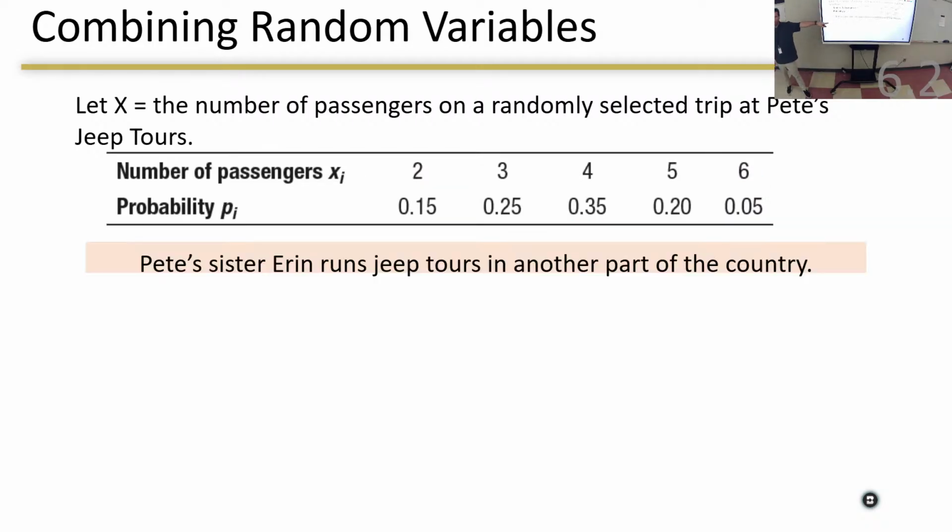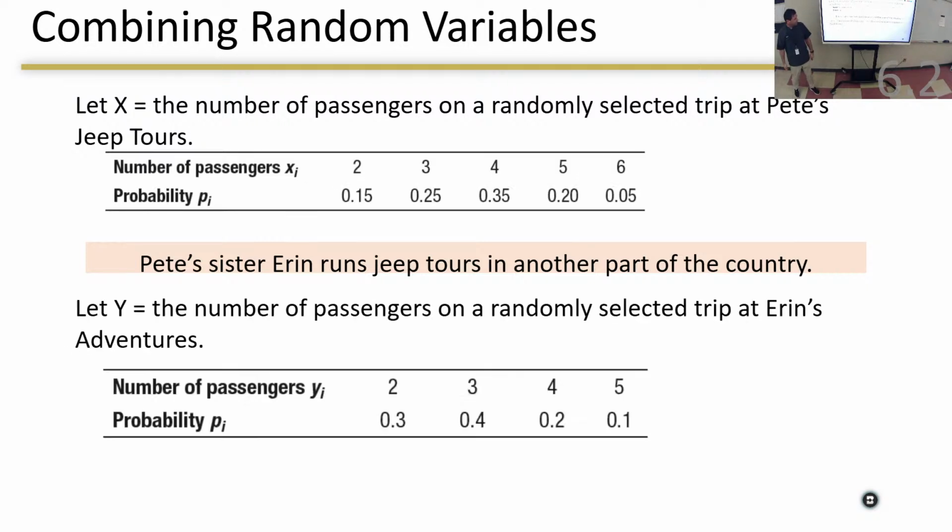Pete has a sister, Erin. Erin also does Jeep tours. Erin can only go from 2 to 5 people. Her Jeep's not as big as Pete's. I can find the average of Erin pretty easily. This times this plus this times this plus that times that plus that times that, and I have the average there.